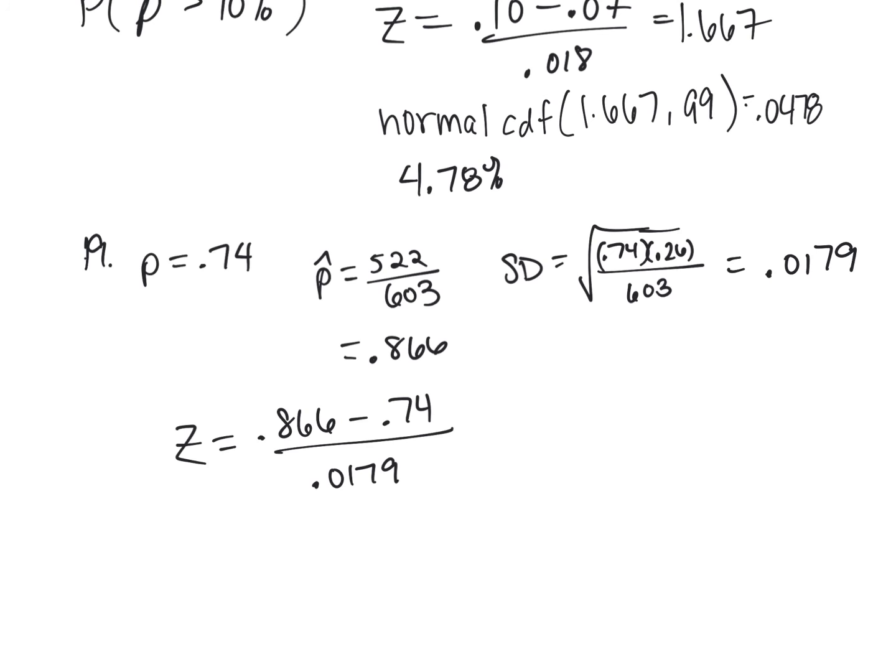When I do quizzes and tests, checking conditions are worth 4 points. 1 for the random, 1 for the 10%, 1 for the NP and NQ, and 1 for since conditions are met, a normal model is appropriate. You have to check all those things. So if the problem is worth 6 points, the conditions are worth more than the calculations. You have to check your conditions. But you did that in part 17.